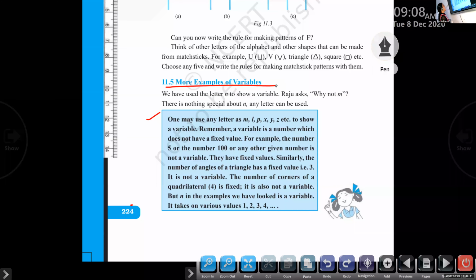Clear? Ma'am, that heading and that full table we should write, right? Heading and the table. Can you read it properly, children? Yes, ma'am.